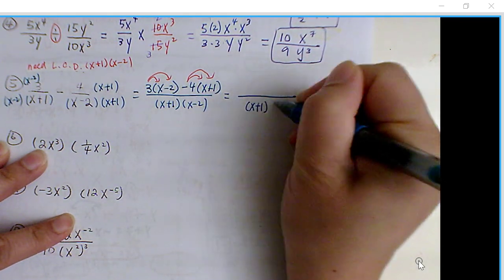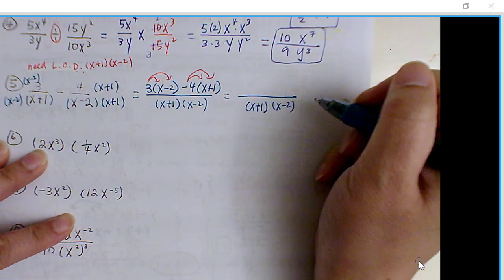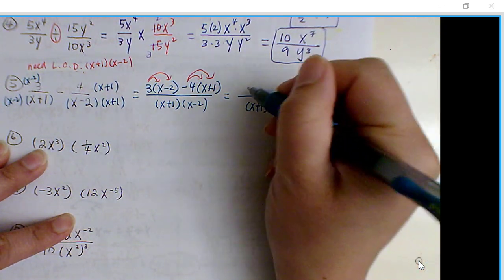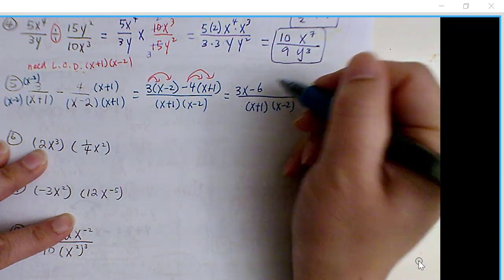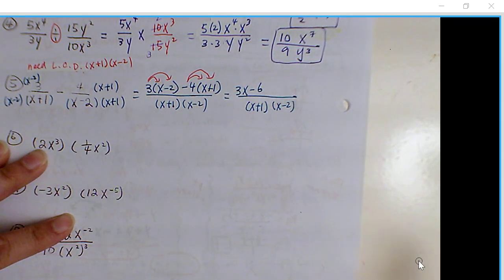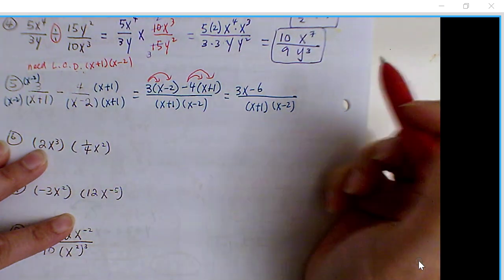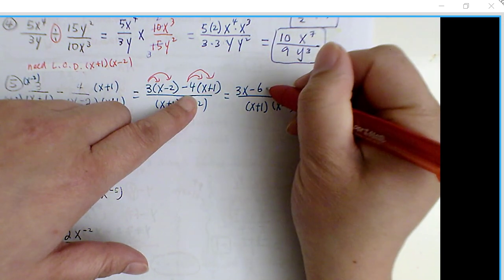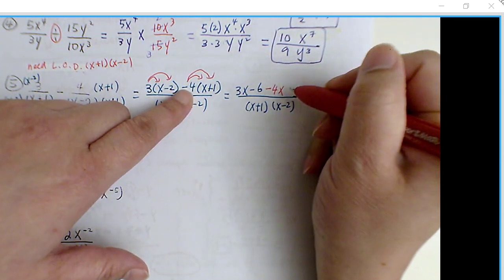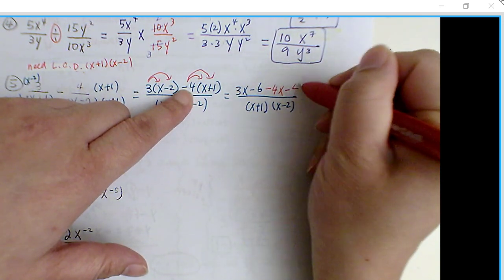So this is x plus 1, x minus 2 at the bottom. On top, after I distribute, I have 3x minus 6. And then be careful with the last two terms because we are multiplying a negative in there, right? So that would be negative 4x, and negative 4 times 1 would be minus 4, right?